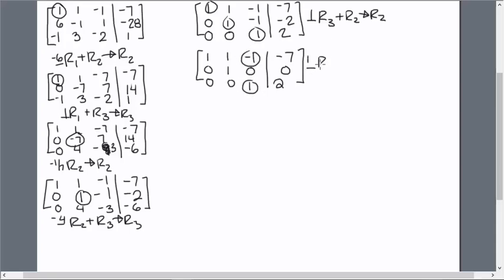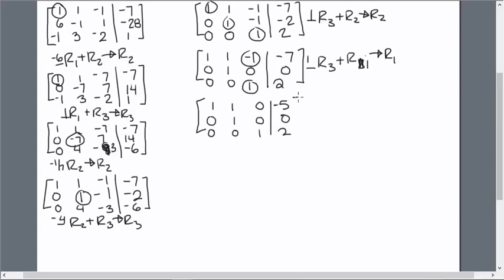And this is exactly the same scenario. If I multiply by 1, or I apologize, with row 1 into row 1 spot, it is also going to give me a 0. So I'm going to have 1, 1, 0, -5, then 0, 1, 0, 0, 0, 0, 1, 2.